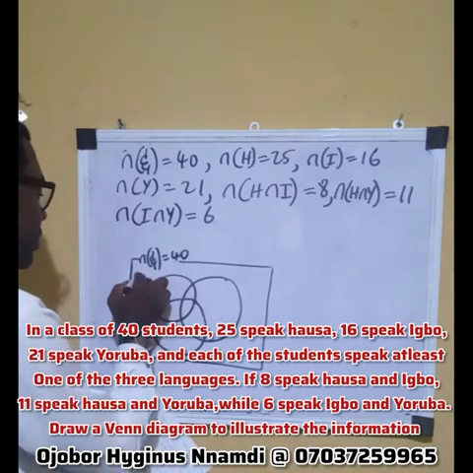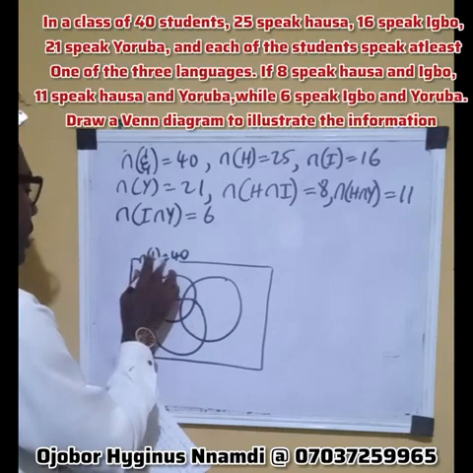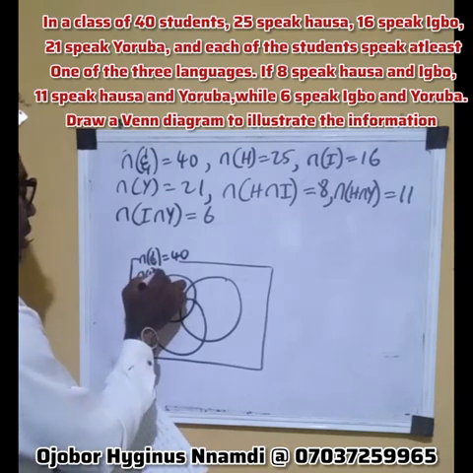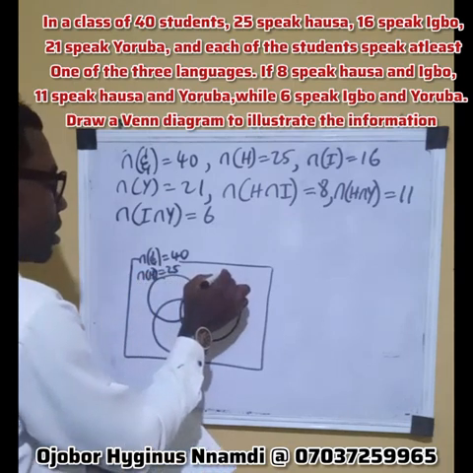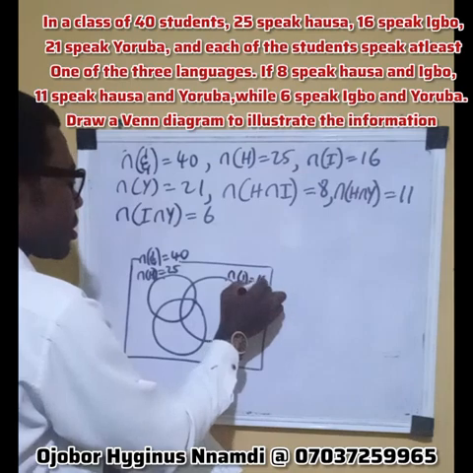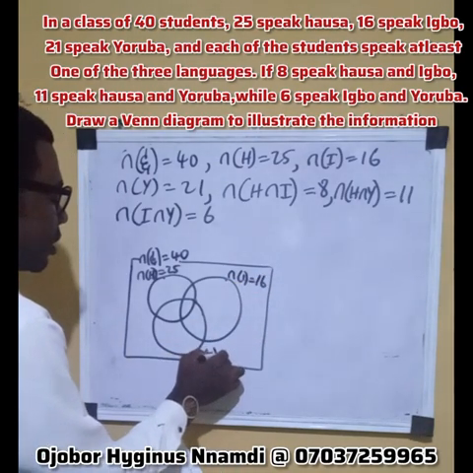So if this is the number of Hausa, you write it outside the box, the circle is 25. Number of Igbo is 16. And then number of Yoruba is 21.